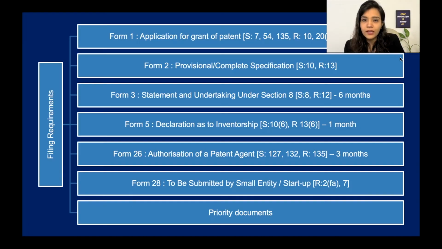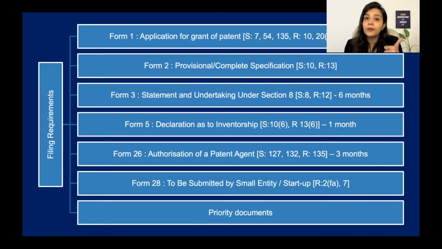But let us have a look at what all forms are required. So it is very simple to understand. We have to remember form 1, form 2, form 3, form 5, form 26. These are the 5 forms which are required. Then if it is a startup, educational institute, or some other entity for which the fee of the patent application gets reduced because they claim some benefits, then form 28 has to be given.